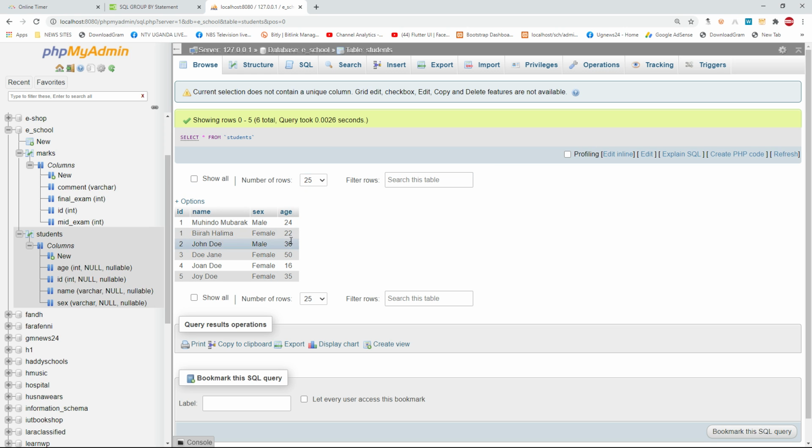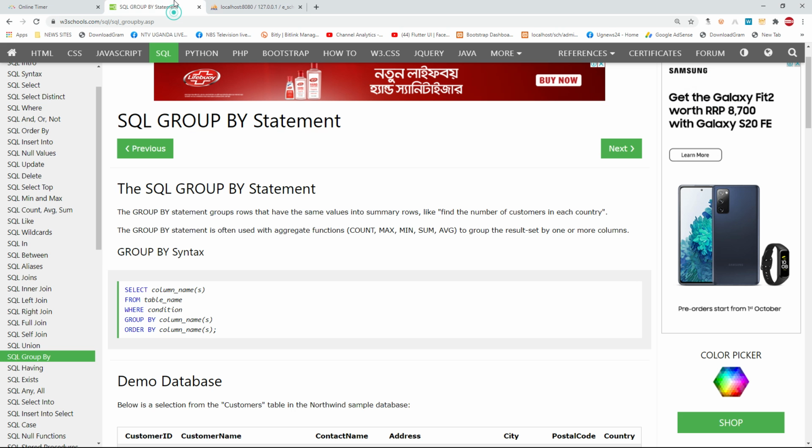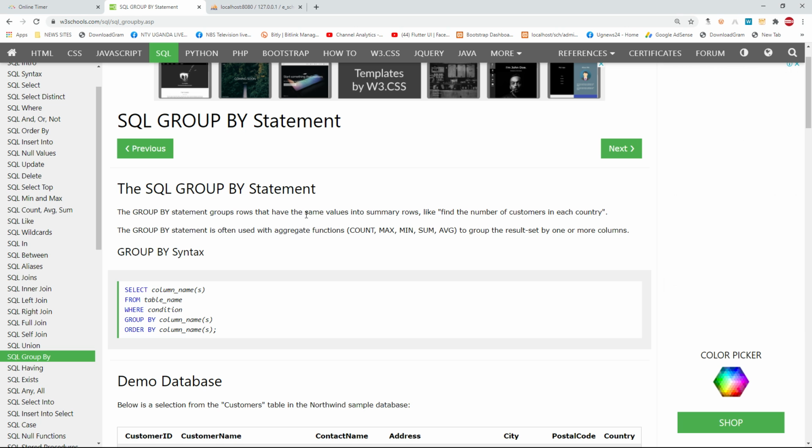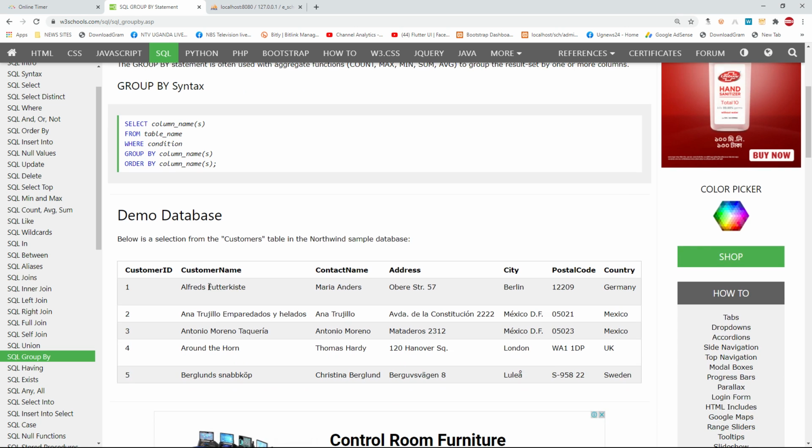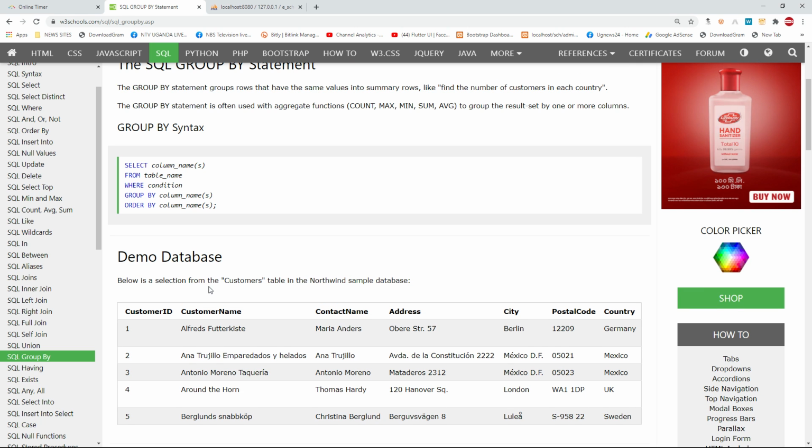For example, I want to count all the male students. If I want to count all the male students, we'll use group by to make these students not repeat themselves, not to count each student more than one time. Also, we use group by when we don't want duplicated results.